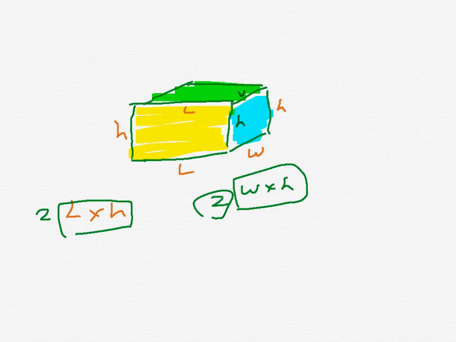And the top and the bottom would be, if you think about wrapping something, the length times the width. And there's 2 of those sides. So whenever you're asked to find the surface area, and you will be, of a box, there's going to be 6 sides. You can do 3 sides and then double the whole thing. That'll give you the total surface area.